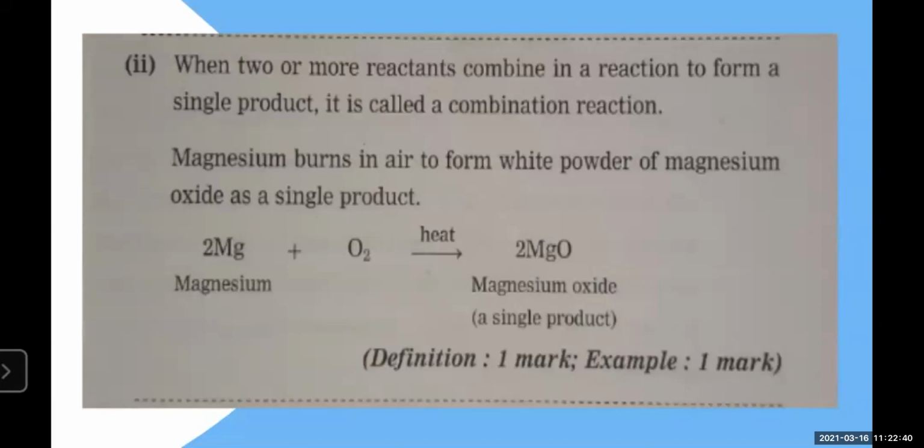So the white powder is of magnesium oxide, so it is combination reaction. Okay, you get a single product. So 1 marks for definition, what is combination reaction, and 1 marks is for your example. Okay.